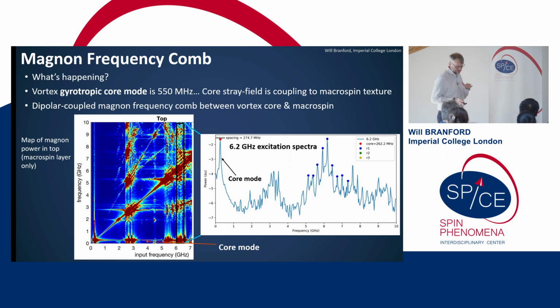In simulations, we can do the right measurement. So here is a map looking at all the different possible input frequencies and then all the different possible power spectra at that input frequency. When you do a map like this, you can see the things that you want to see.